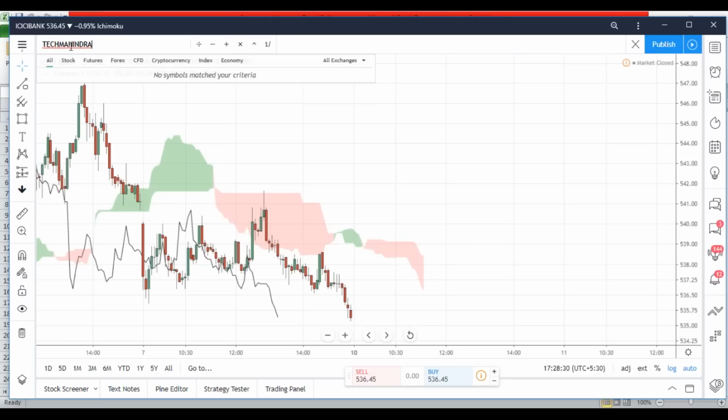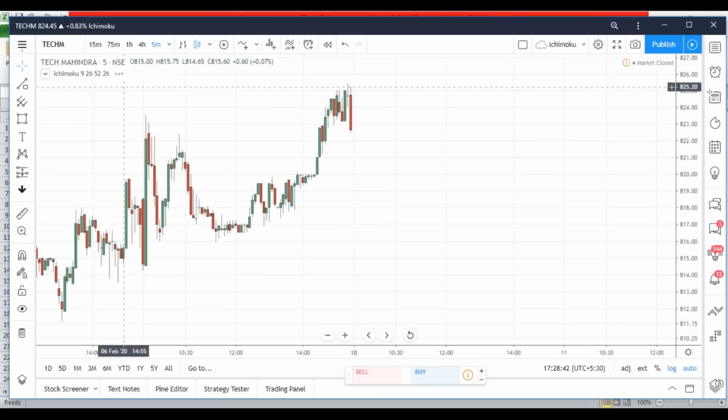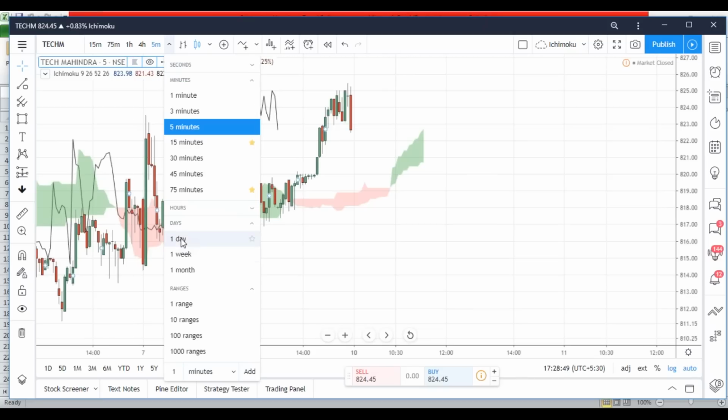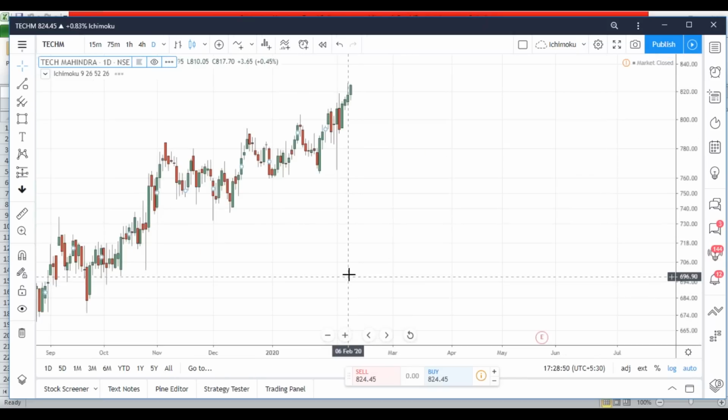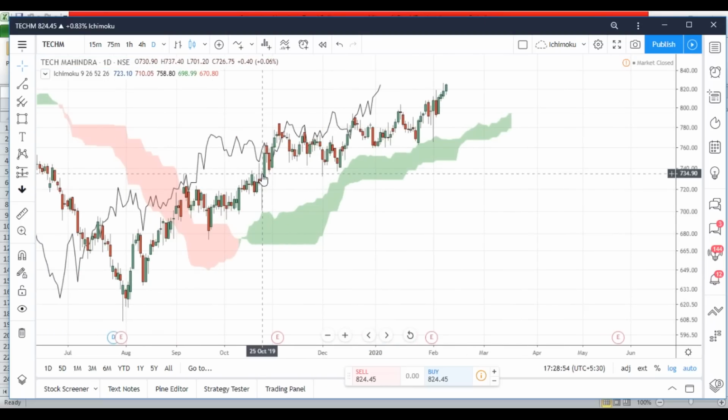Nowadays I'm trading currency more. I took a Tech Mahindra swing long on the daily chart. I already explained I took the long somewhere here.